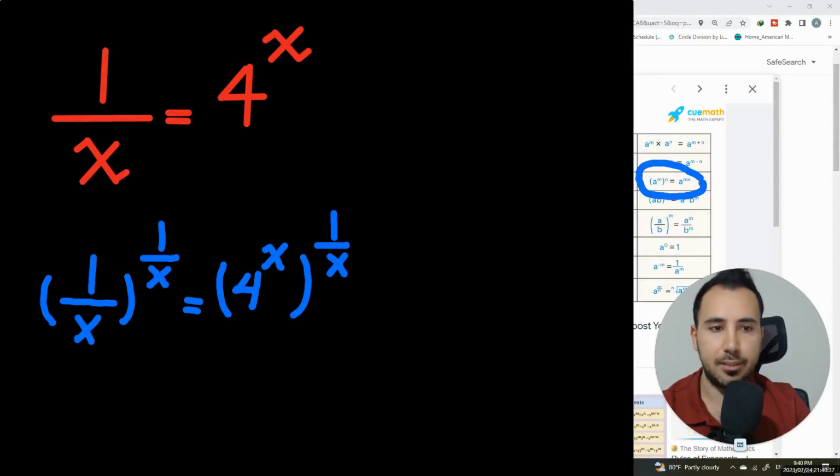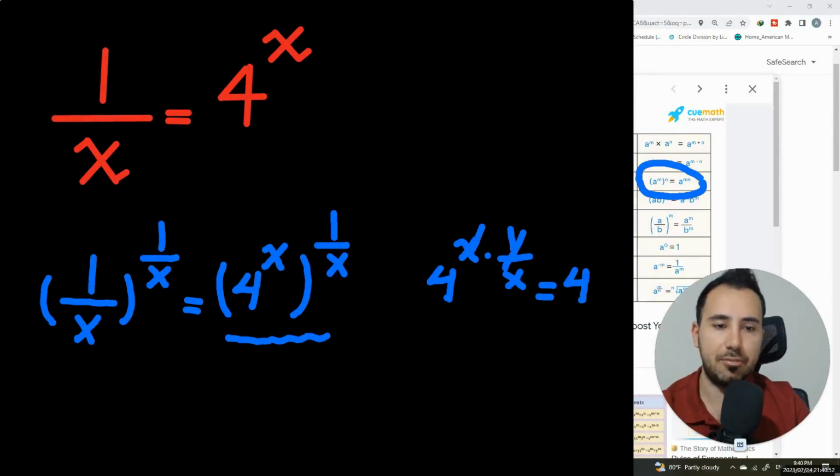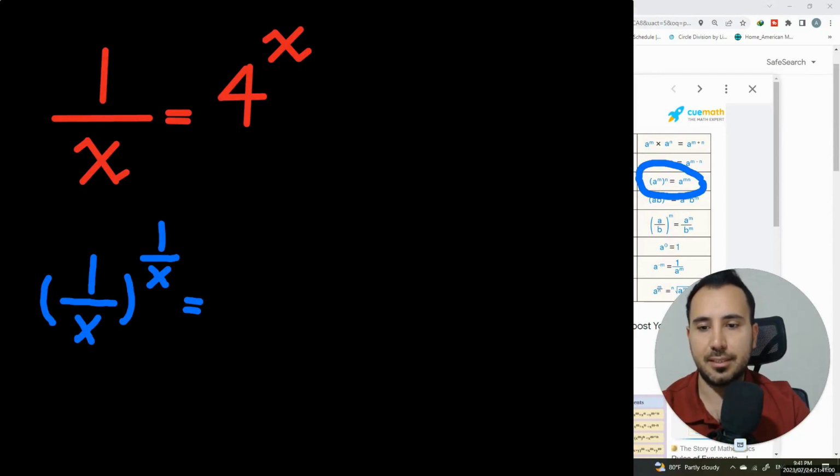So the right-hand side of the equation will be 4 to the power of x multiplied by 1 over x, which is going to be simplified and canceled. So the right-hand side really will be all 4. So I'm going to clean this part and write 4 instead of it. Okay.